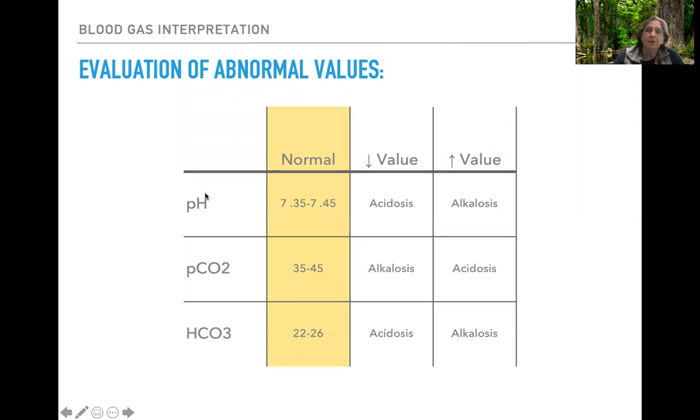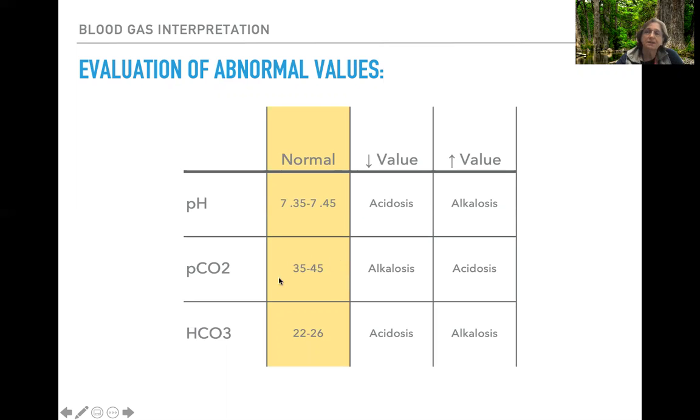So evaluating abnormal values, these are the normal values. Our pH normally falls 7.35 to 7.45. A pH less than 7.35 is considered acidotic. It's more acid. A value of greater than 7.45 is considered alkalotic. Now I remember PCO2 as being a respiratory component, and it's also an acidic component.